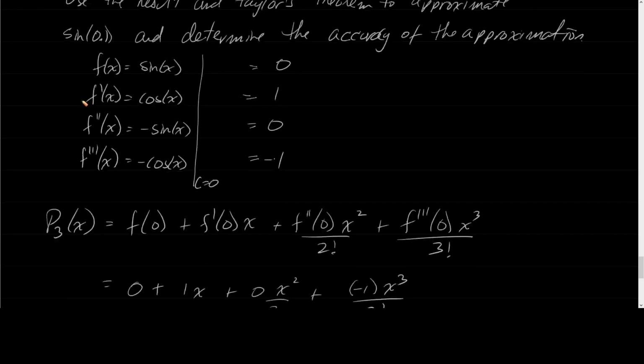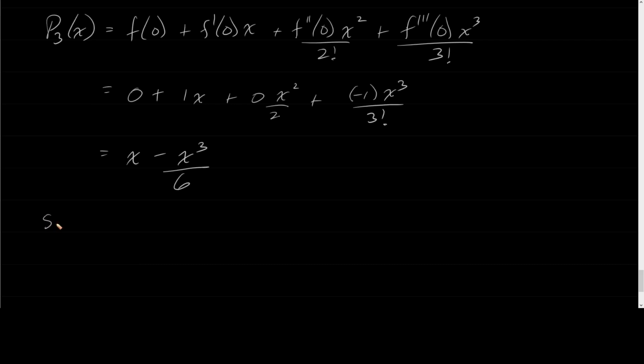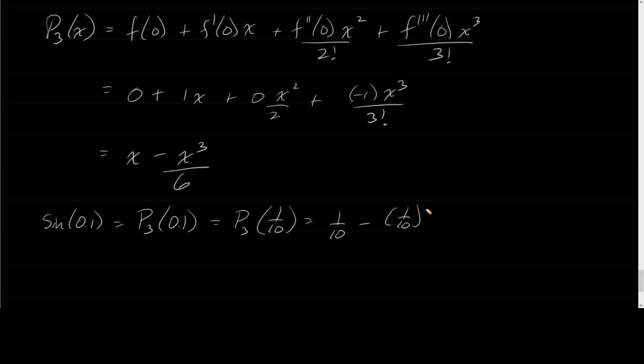Approximate sine of 0.1. Okay, so in here, sine of 0.1 would be our P sub 3 of 0.1, which is, well, 0.1 is 1 over 10. So P sub 3 of 1 over 10 is equal to 1 over 10 minus 1 over 10 cubed over 6, right? And at that point, we say, well, 1 over 10 cubed is 1 over 1,000. So I have 1 over 10 minus 1 over 1,000 over 6, which is 1 over 6,000, right?